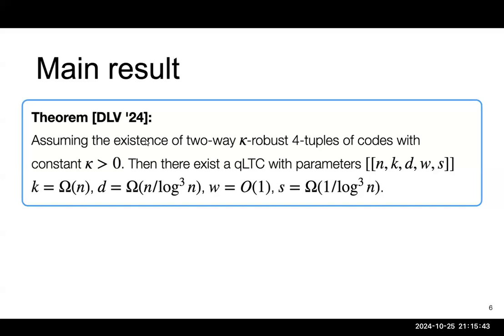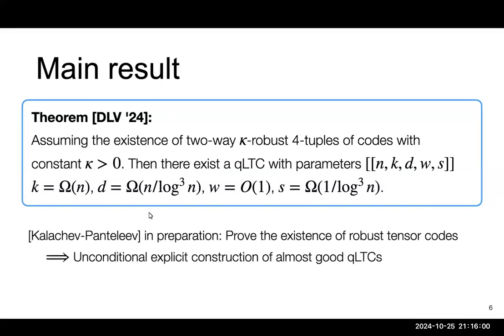Now we understand all these five parameters, and here's the main result. Assume the existence of some robust codes, then there exist quantum locally testable codes with these parameters, which are all optimal up to polylogs. You might worry about this condition, and in fact, there's a paper in preparation by Kalachev and Panteleev that showed such existence, and so together this would give you an unconditional construction of almost good quantum locally testable codes.